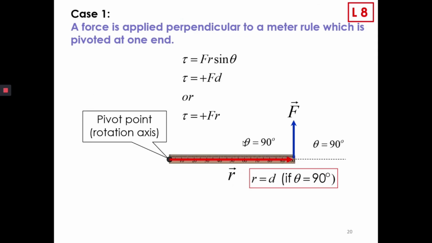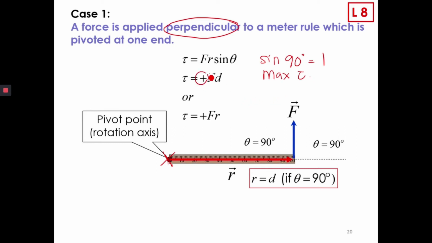Okay, case 1. A force is applied perpendicular to a meter rule which is pivoted at one end. So this is where your pivot is. Then you apply force at 90 degrees to your r. Based on the formula, F r sine theta, sine 90 degrees equals 1. So you will have a maximum torque.